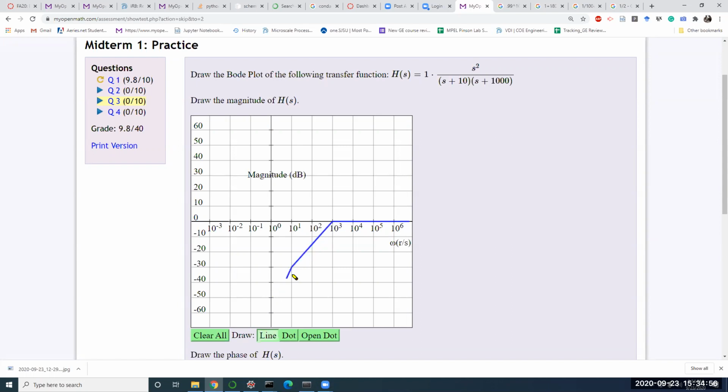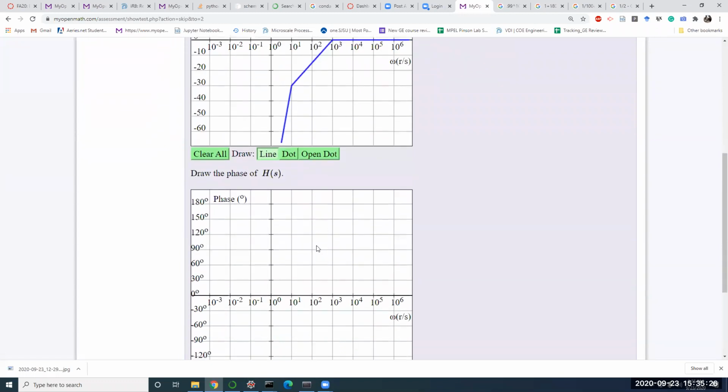That's going to be 40 dB per decade. I only went over half, but I went down 20 dB, so it can be somewhat tricky to get that slope there. But I've got the snap to grid that should evaluate just fine.